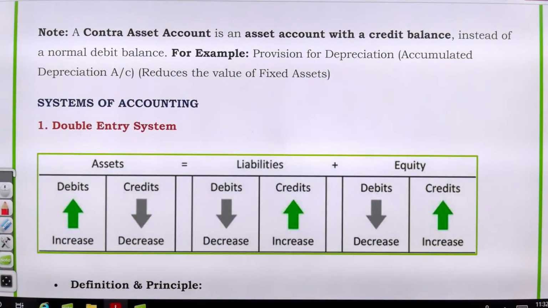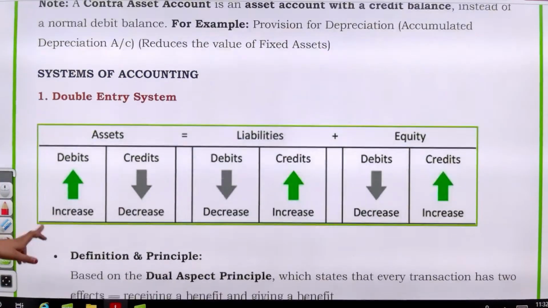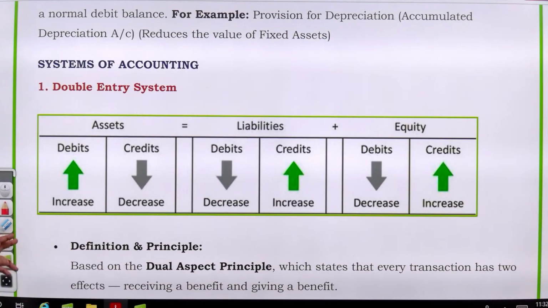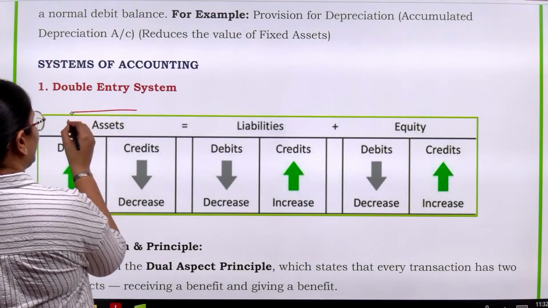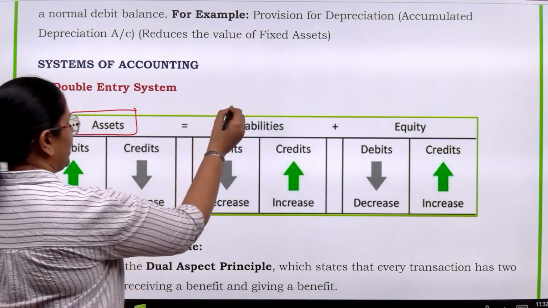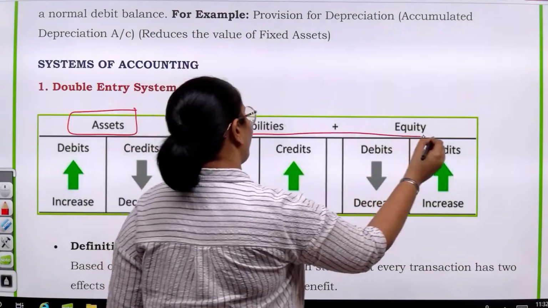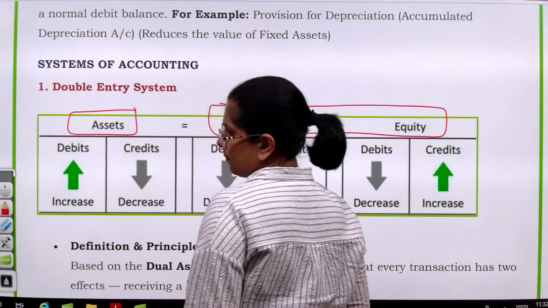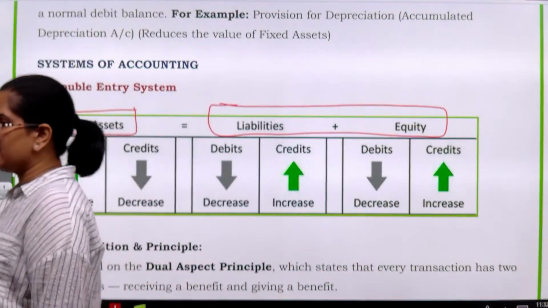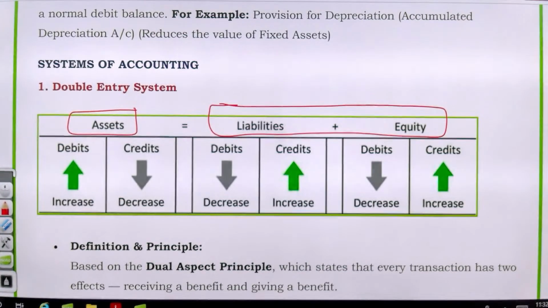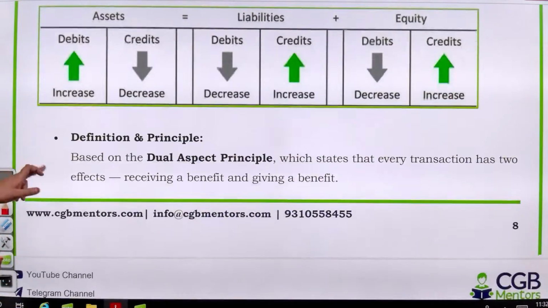Now let's see systems of accounting, guys. So double entry system, we know that whatever debit and credit you do, asset should be equal to the sum of liability plus equity. Always remember, the asset should be equal to the sum of liability plus equity, right? Debits, credits, whatever increase or decrease is happening. अच्छा, ये double entry system क्या होता है?